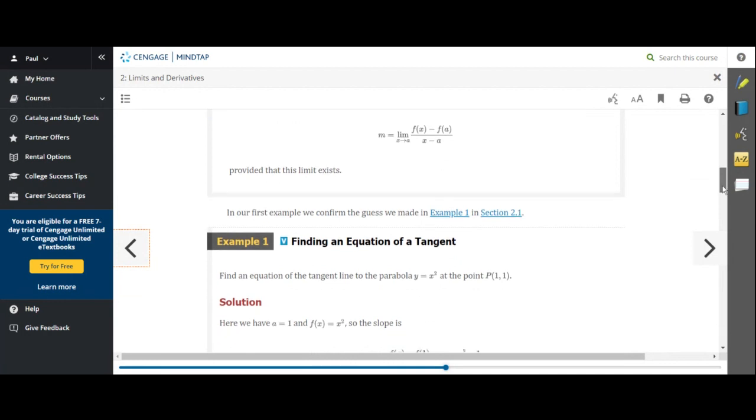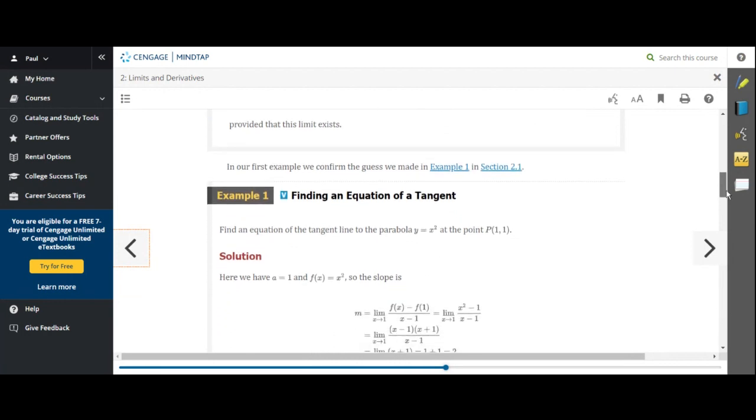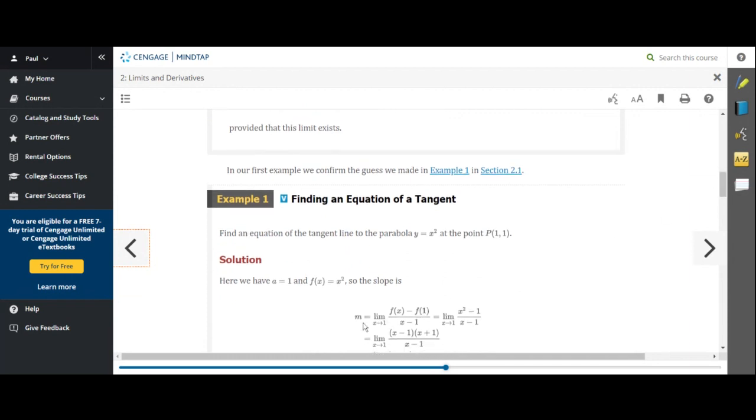So what they do is they use the definition above, and they say, well, the slope of this tangent line is going to be the limit as x approaches 1 of the quotient f of x minus f of 1 over x minus 1.